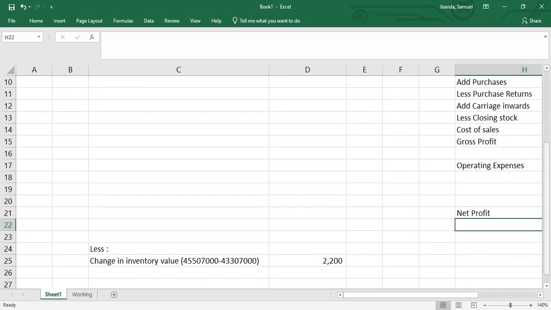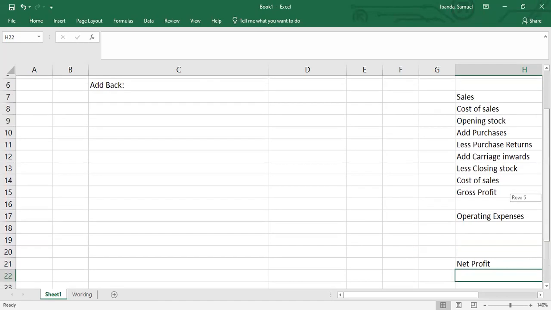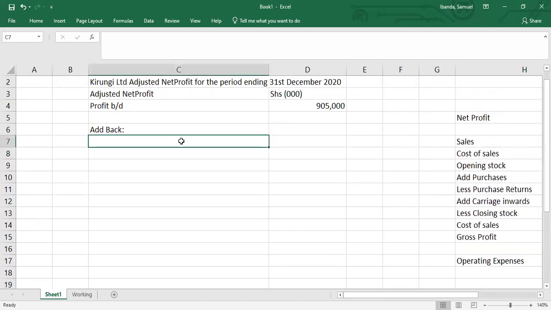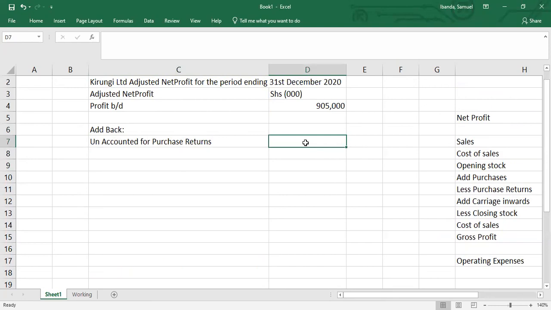So what we are going to basically do is include here, unaccounted for purchase returns of 4,500.